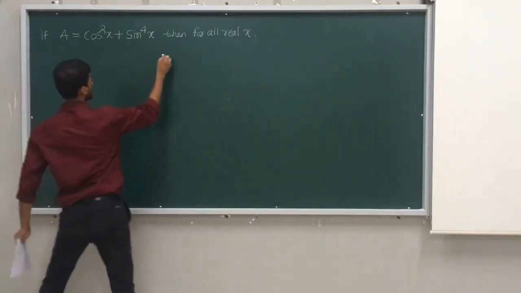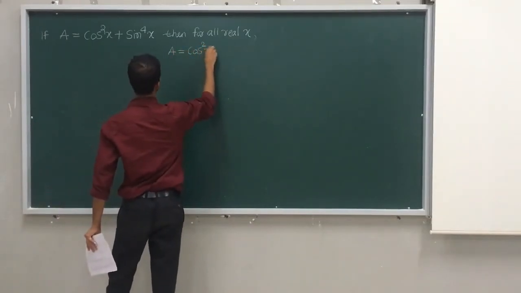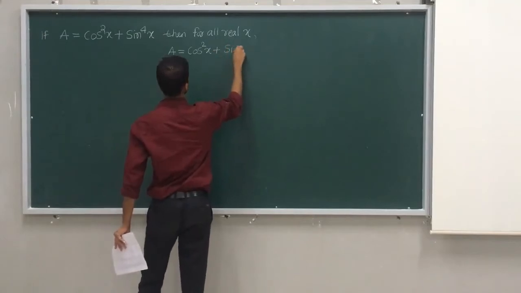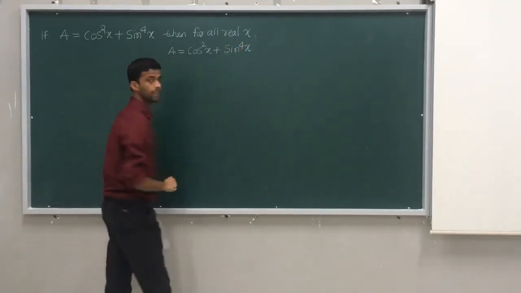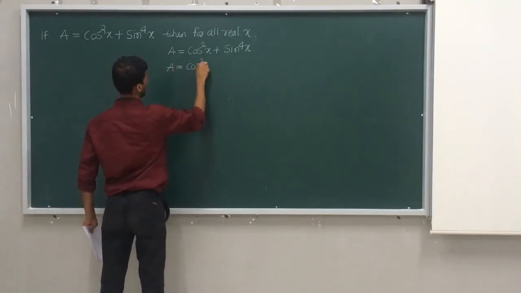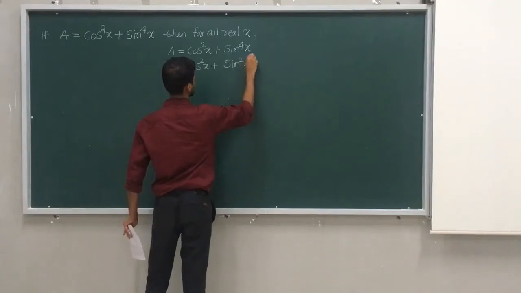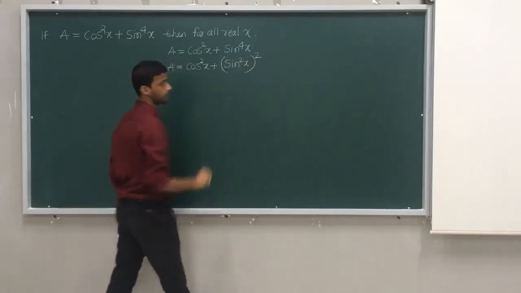We will do a simple calculation now. It is given cos square x plus sin raised to 4x. In the initial stage I will keep cos square x as it is and simplify sin raised to 4x, which is written as (sin square x) the whole square.